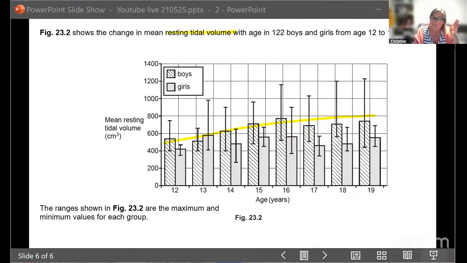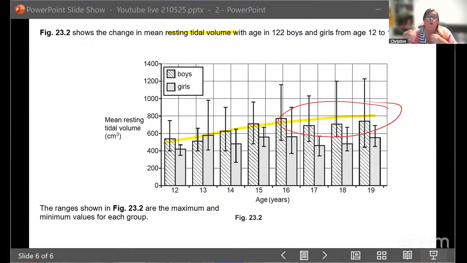There is a slight increase from about age 13, but as I've shown here, I've plateaued my line, and that's showing you that there is a slight plateau. It's important that you state that whenever you're talking about what you see and I ask you about trends. So with the boys, we can see that there is an increase, but then there's a plateau at the end.